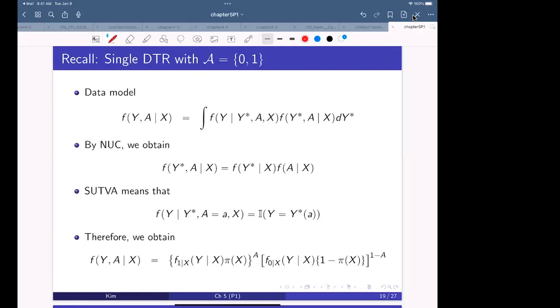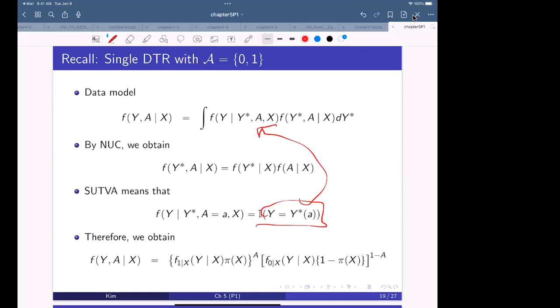Because you know that Y is equal to Y star for that A. So you put it in here and recompute the whole joint density, then at the end of the day, you get this one. So here the Y star is all the potential outcomes.